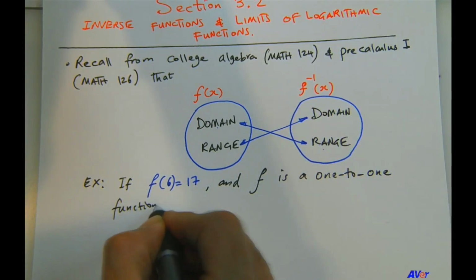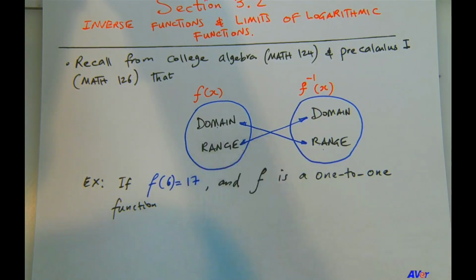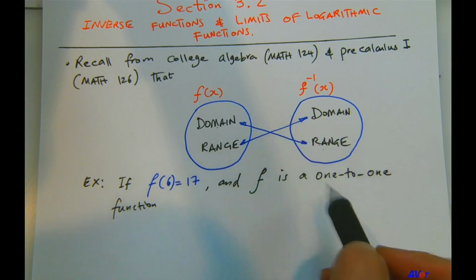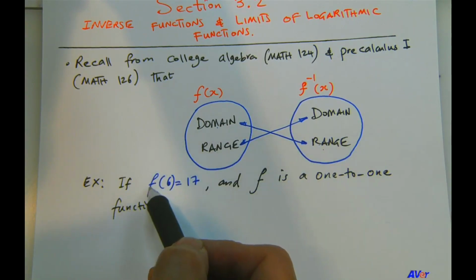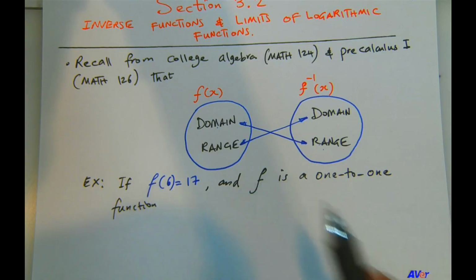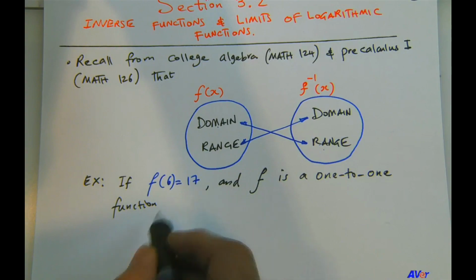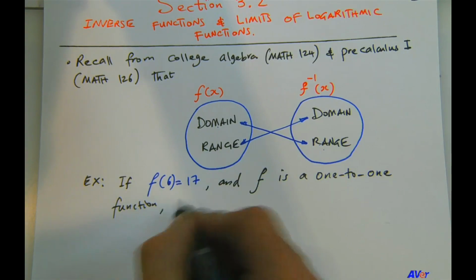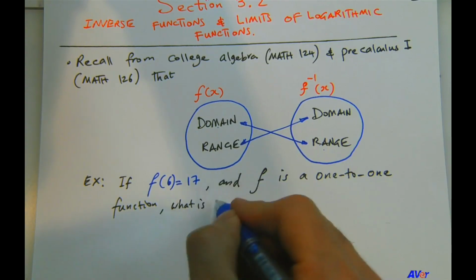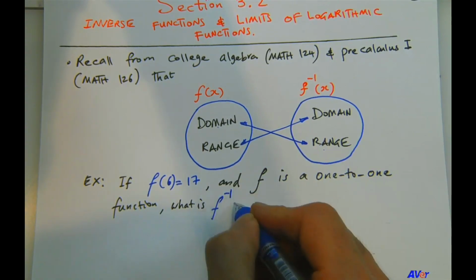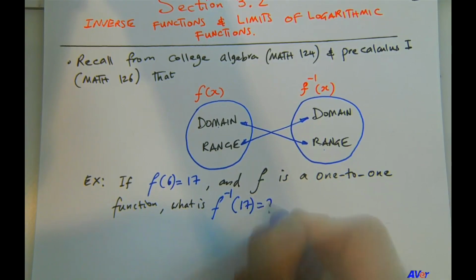Again, recall from the previous courses that for a function to have an inverse, it must be a one-to-one function. So we're assuming that this function f satisfies that condition. And then we want to know the value of the inverse function at 17.